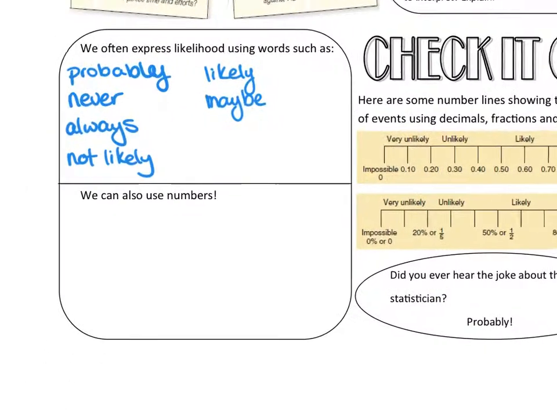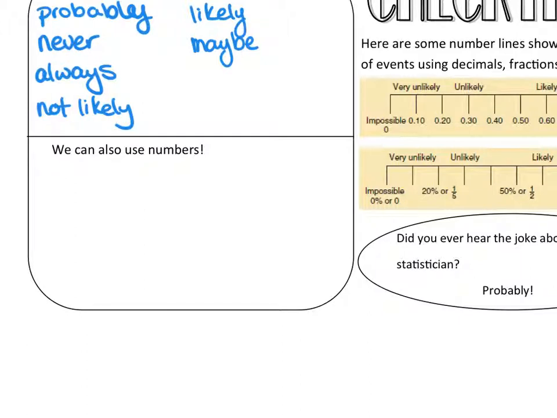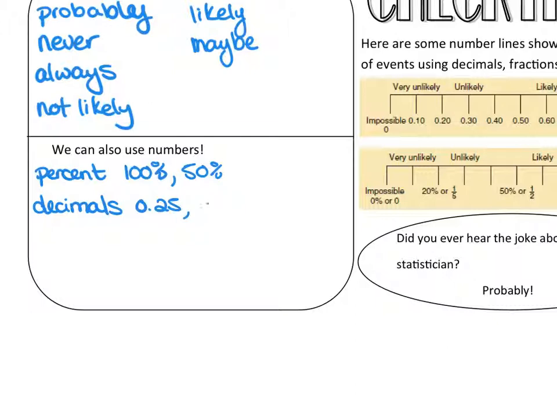We can also use numbers, like percent. So you might say 100% or 50% chance of something happening. They may use decimals, like 0.25 or 0.35, to express your percentage as a decimal. Fractions. Like, my chance of getting a heart is 1 in 4.